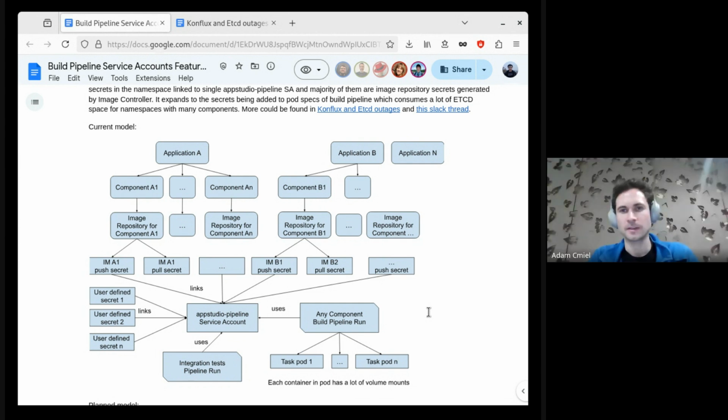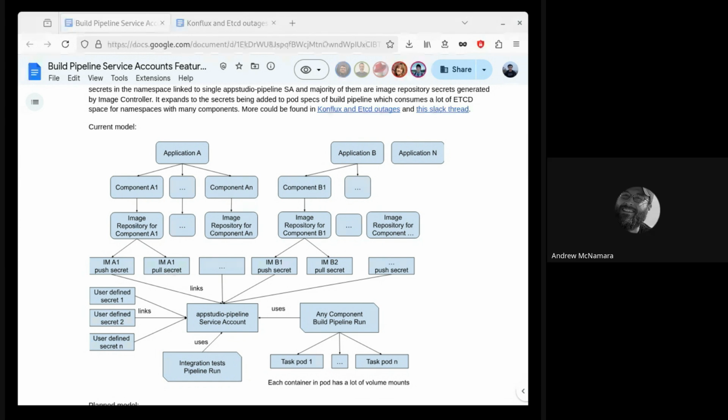So, Andrew, do you have some other thoughts? Yeah, I was just going to say that since we have discovered the weakness of having multiple service accounts being linked, this work was originally being considered to try and mitigate that weakness.